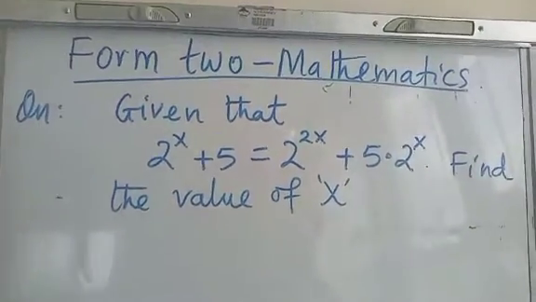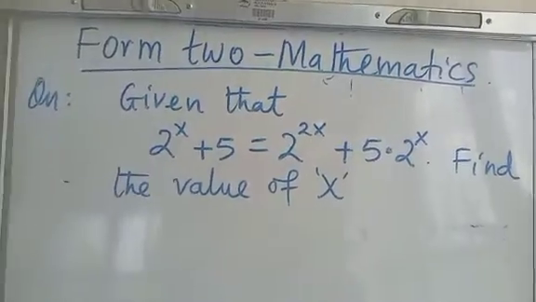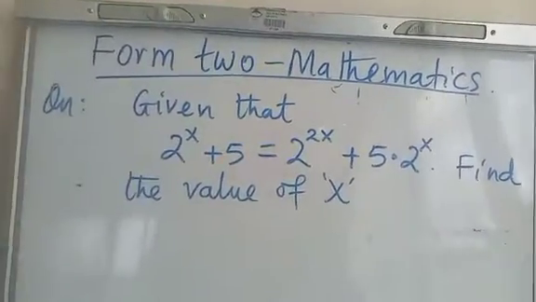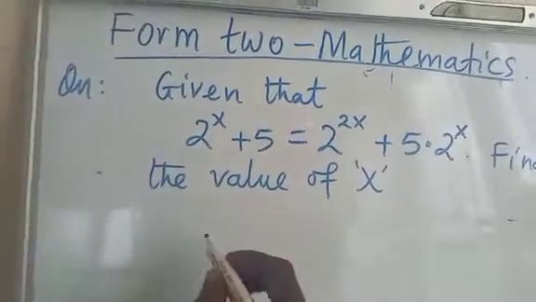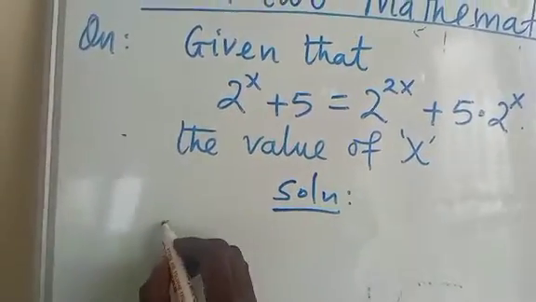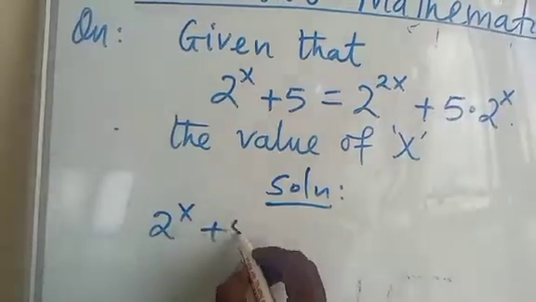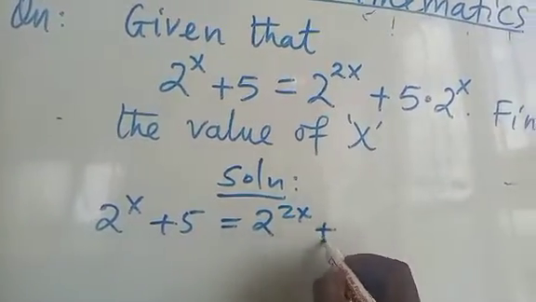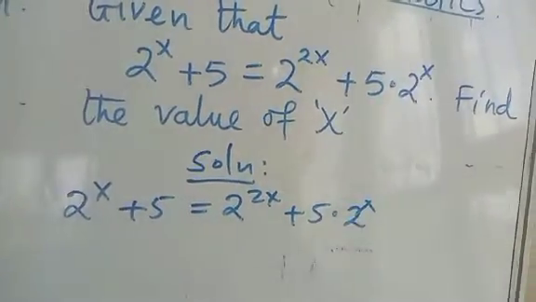Okay, today we have another problem which comes from the concept of exponents in Form 2. So we have our equation here. Solution: we have our equation 2^(x+5) = 2^(2x) + 5 · 2^x.